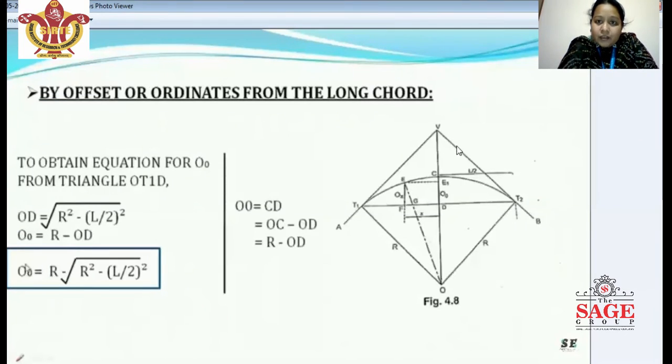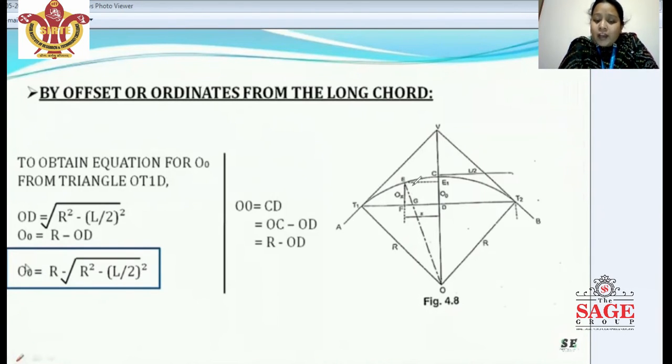In order to calculate the ordinate OX, what is the OX coordinate? That is EF. We use the highlighter. EF is the ordinate, that is OX. Clear? Then OX is denoted by EF.